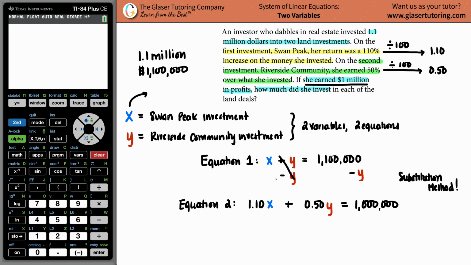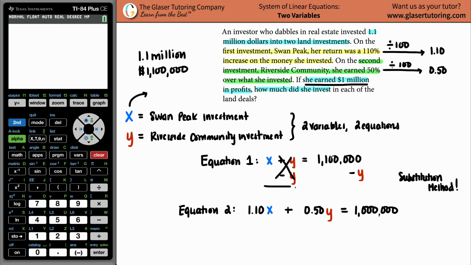And now we have x equals 1.1 million, so 1,100,000 minus y. The reason why we did this is because this x value is this value. But what does the x equal? Well, it equals 1,100,000 minus y.